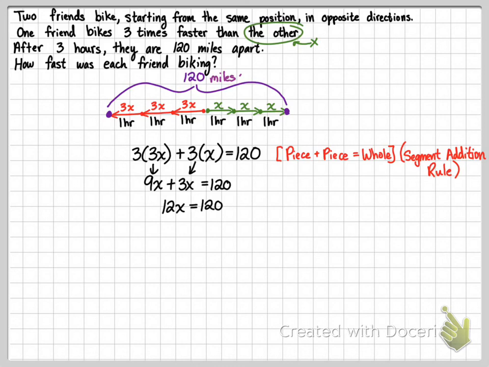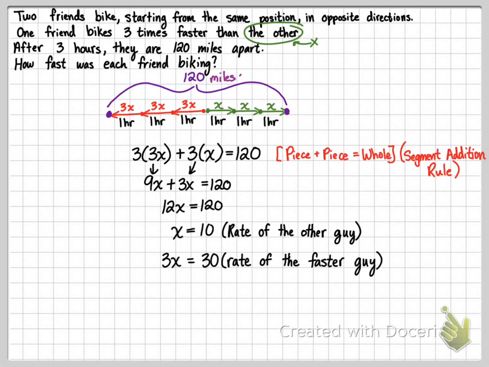And then 12x equals 120. We're going to divide by 12, so x is 10. So the slower guy was riding 10, but if we plug this 10 back in here, the rate of the faster guy, the 3x, is 30. Okay, so the slower friend rides 10 miles an hour and the faster friend rode 30 miles an hour.